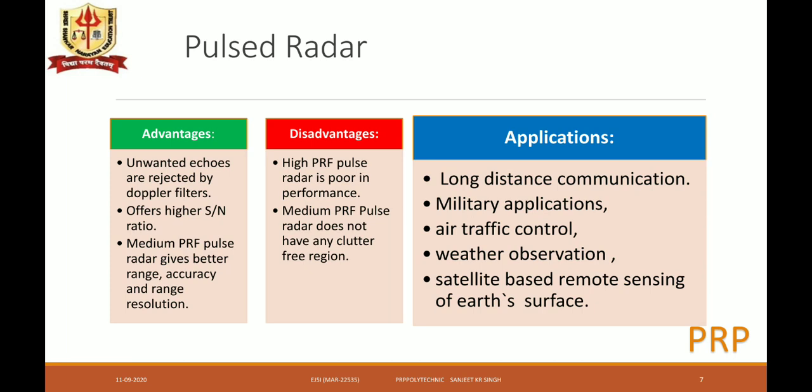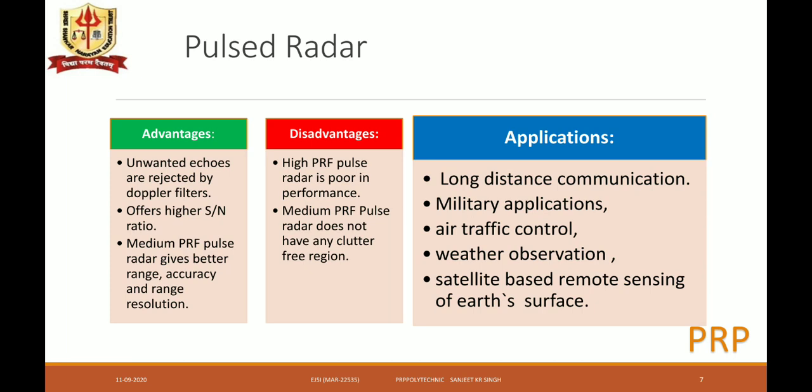Advantages include that unwanted echoes are rejected by the Doppler filters. It also offers a high signal to noise ratio, and we generally use medium PRF, that is pulse repetition frequency, in pulse radar, which gives better range accuracy and range resolution.